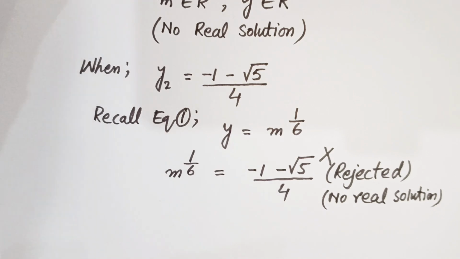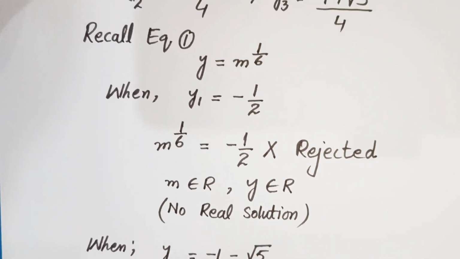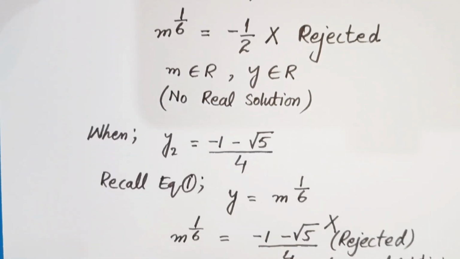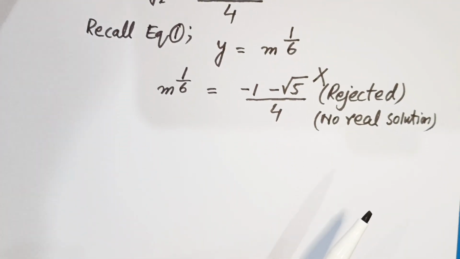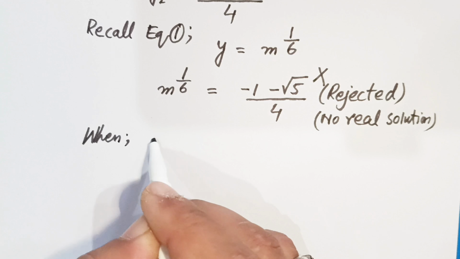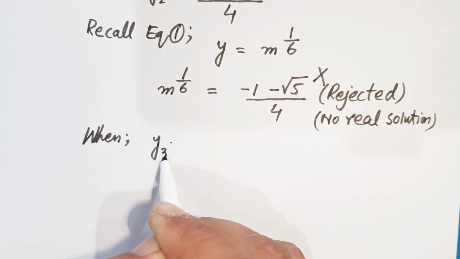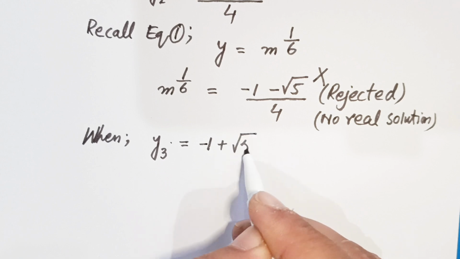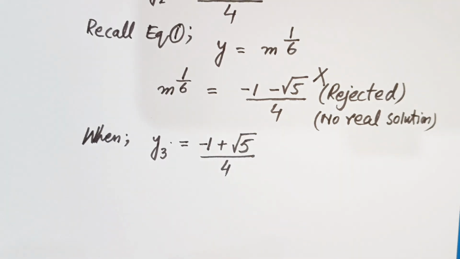So we have the final value of y, which is y3, that y3 is equal to minus 1 plus square root of 5 all over 4. So here now we are going to use the third value of y. So when y is equal to y3, it is equal to minus 1 plus square root of 5 all over 4.